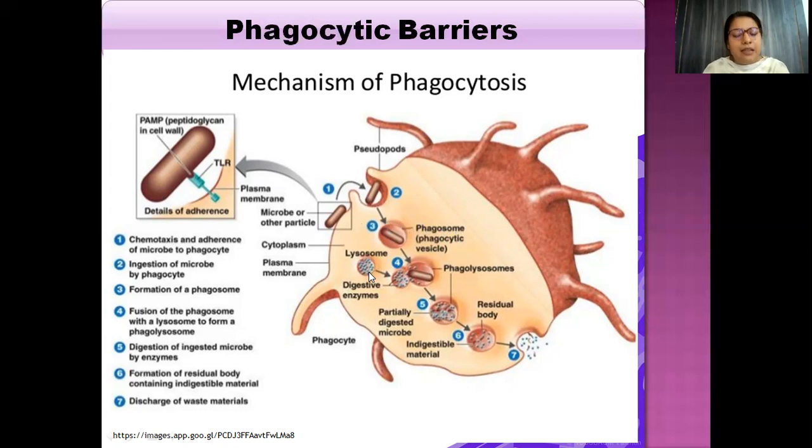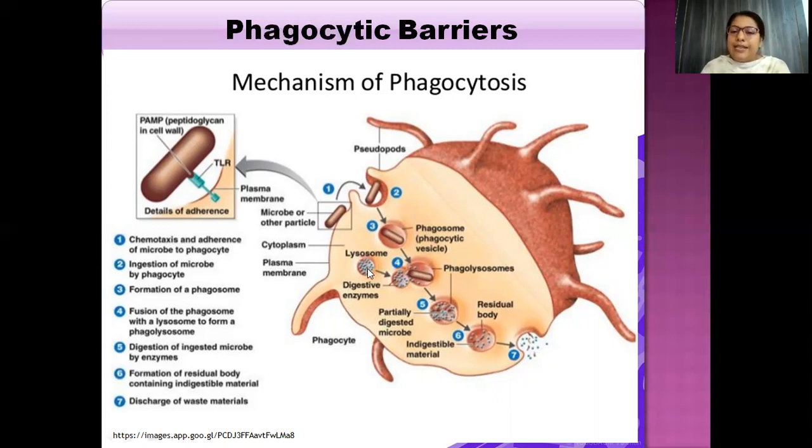Now, there is another vesicle already present in the macrophage that is known as lysosome. The lysosome contains lysozyme, the enzyme that degrades the bacterial cell wall and kills the bacteria. This is also known as the digestive enzyme of the cell.